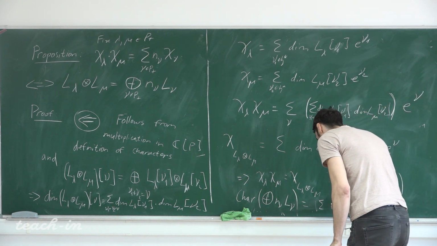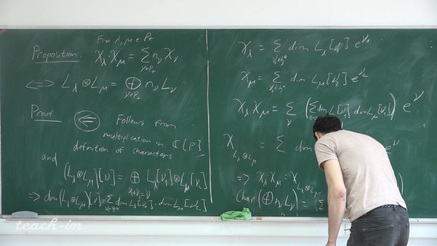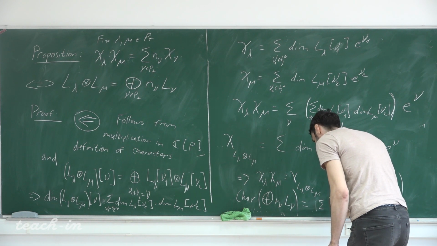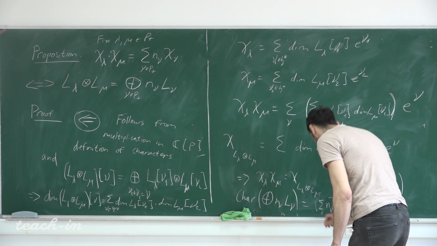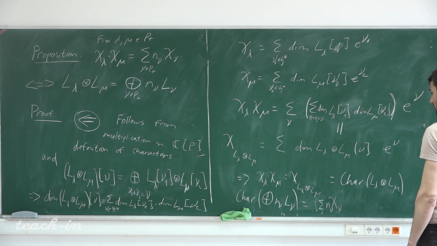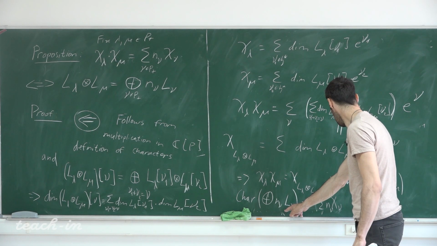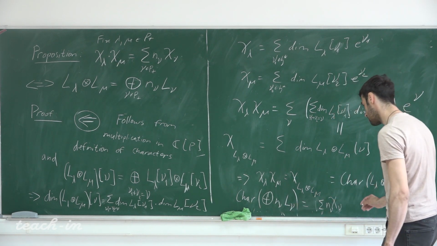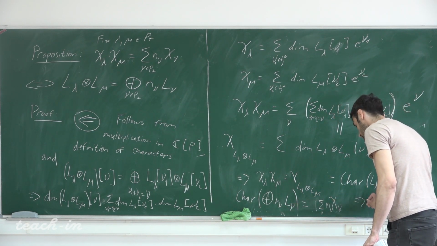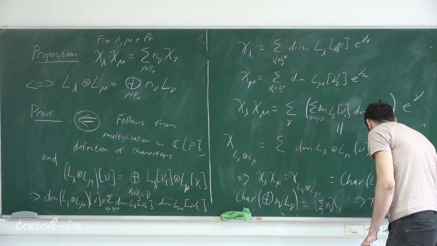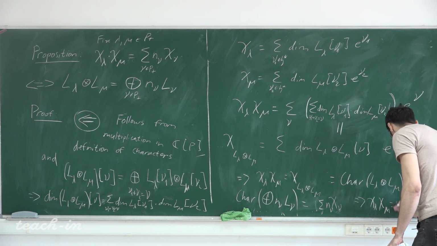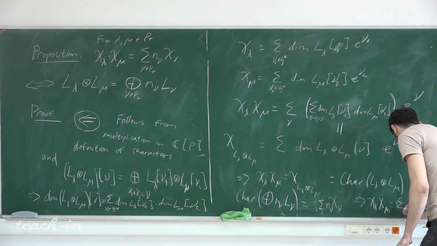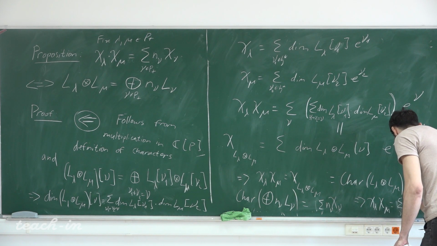So this is the sum over nu of ch nu with coefficients n nu. And since this one is isomorphic to this one, it means that ch lambda ch mu is the sum over nu of n nu ch nu.